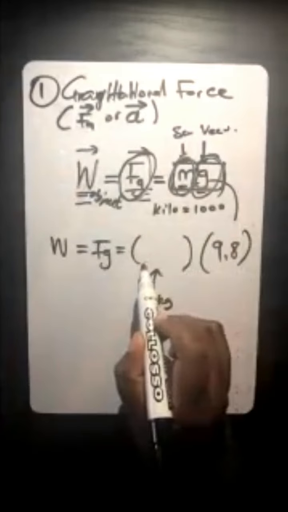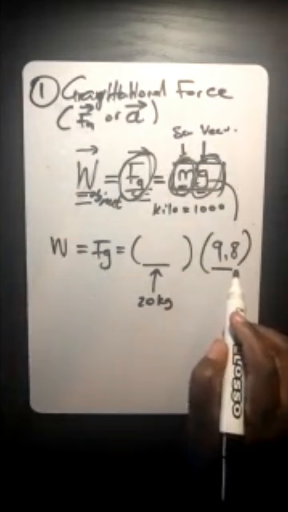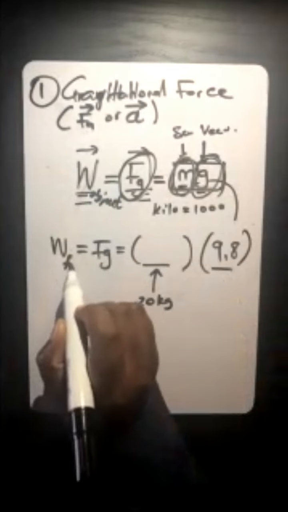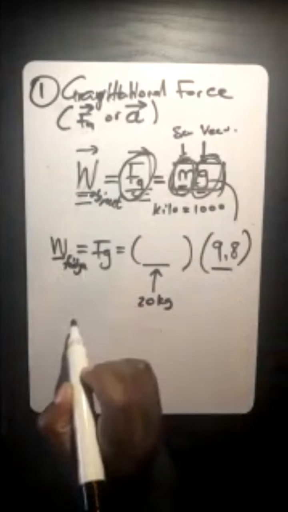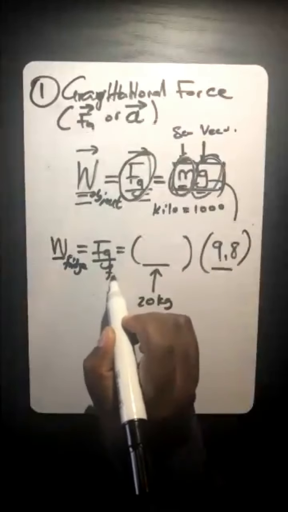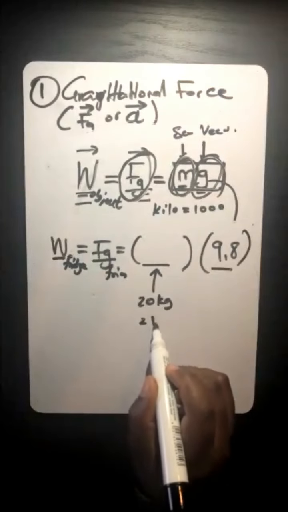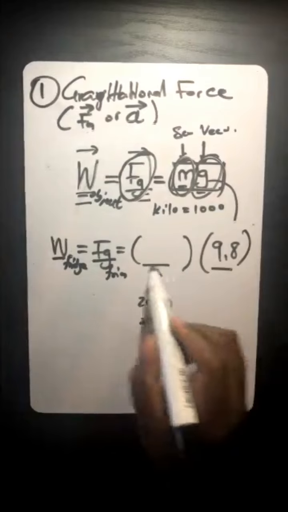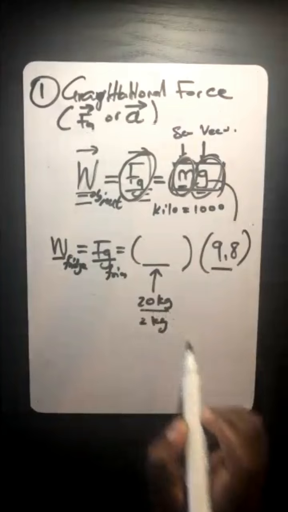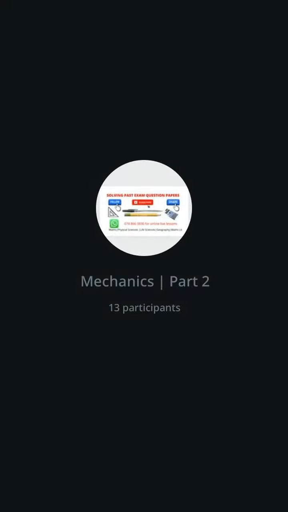Multiplying 20 by that gives a certain value, which is the magnitude of the weight of the fridge, or otherwise the gravitational force of the fridge. If we compare with a tennis ball which could have, let's say, 2 kg, 2 multiplied by that gives a lesser value. That means the weight of the tennis ball is lesser when compared to the weight of the fridge.